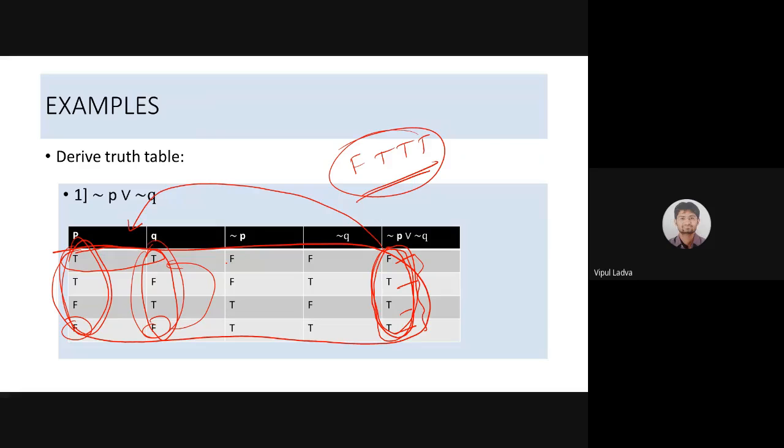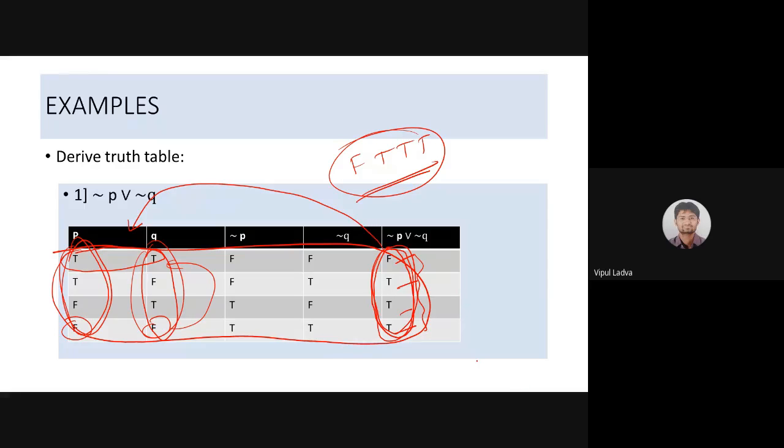Depending on how you choose the values of P and Q in the first two columns, it will be decided whether the last column is F T T T or T F F T. That will be dependent on the order of the first two columns. Am I clear?